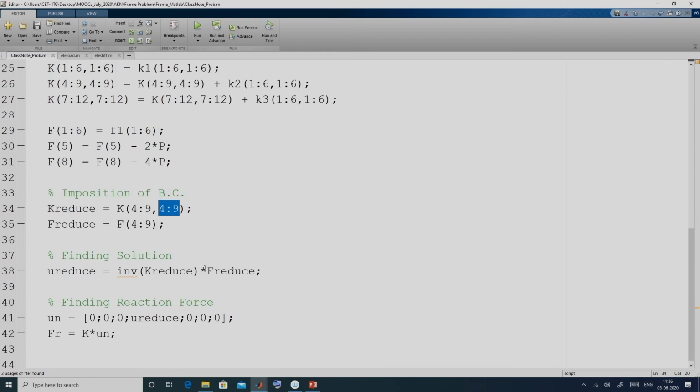Then we get the reduced equation. We solve that reduced 6 cross 6 equation to find the active degrees of freedom solution at node 2 and node 3. After that, we do the post processing to get the reaction force at the fixed support.